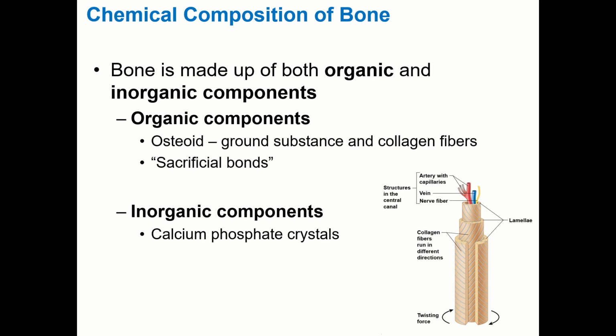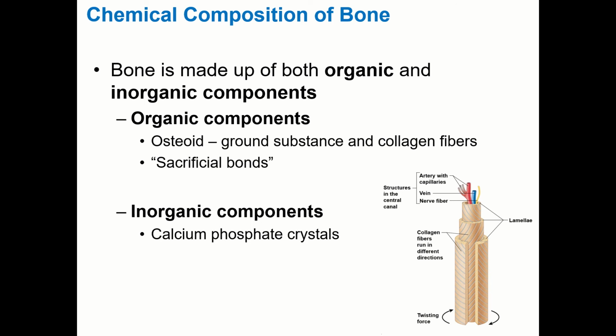If it's 3 times body weight during normal walking, imagine what happens when you're running, or doing plyometrics and box jumps and stuff. Pretty significant amount of forces the bones are going to have to absorb. One of the ways that they do that is, again, they've got these sacrificial bonds between the collagen fibers. When the bone gets compressed, some of these little collagen fibers will snap. What that does is help dissipate the forces.